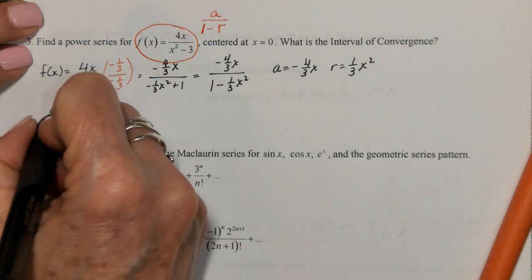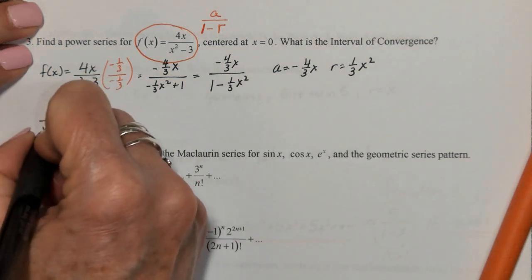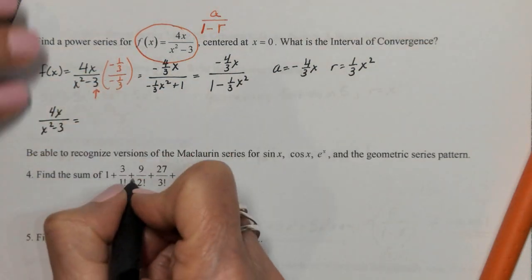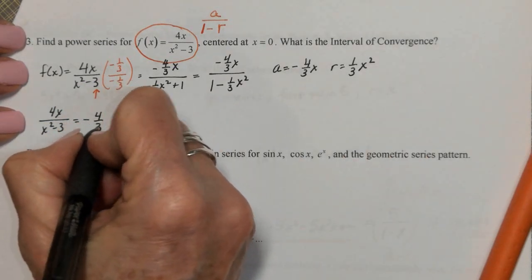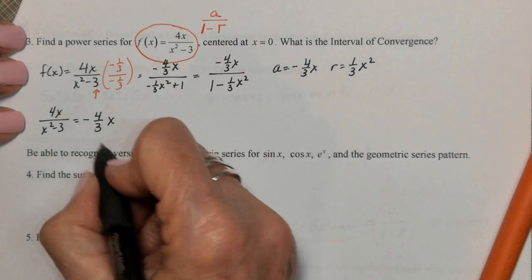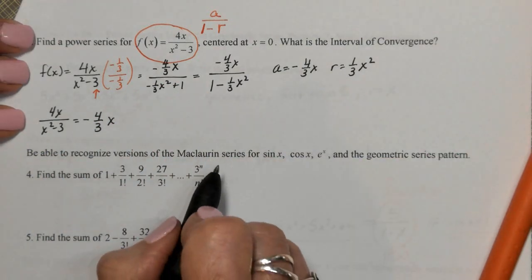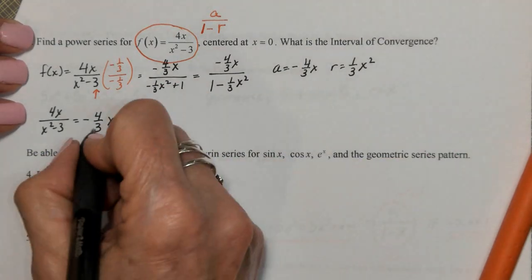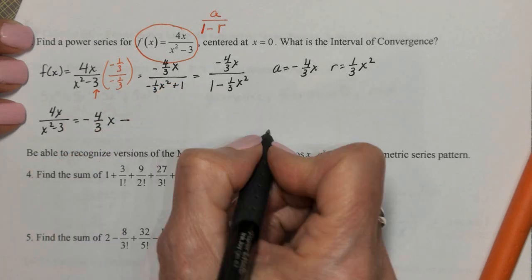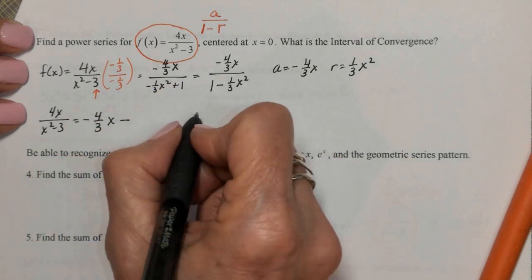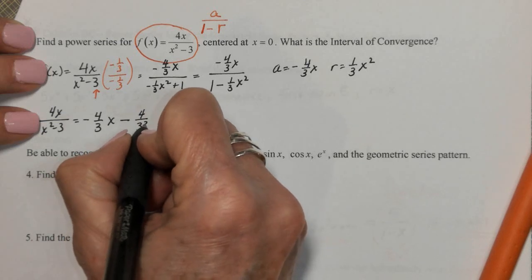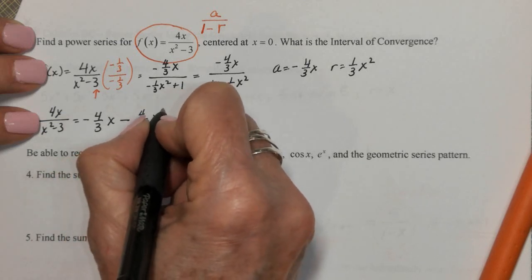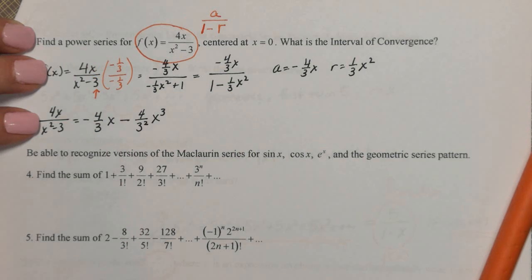So my series will be, I start with my first term. To get to my next term, I multiply by 1/3 x squared. So I'm multiplying by positive, so it stays negative here. And we'll have 4 on top, 3 squared on the bottom, and 3 x's.